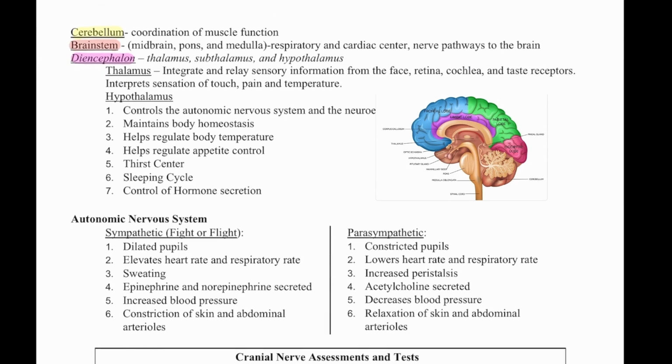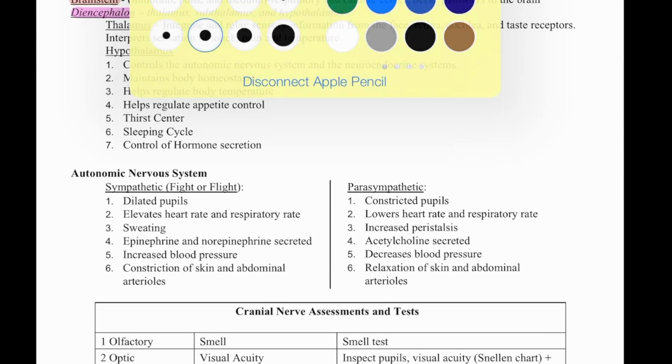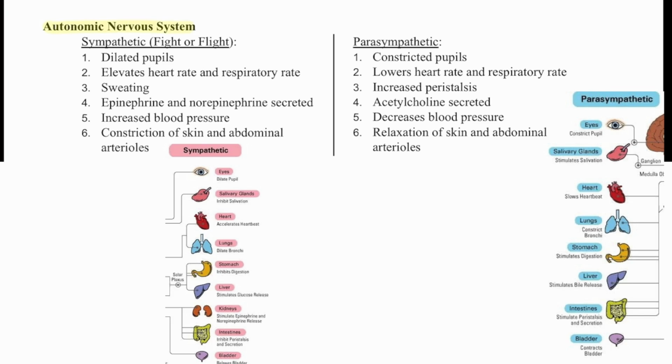So let's talk about the autonomic nervous system. When we talk about the autonomic nervous system, there's really two systems within it. We have our sympathetic, which is our fight or flight, and we have our parasympathetic, which is also known as our rest and digest.